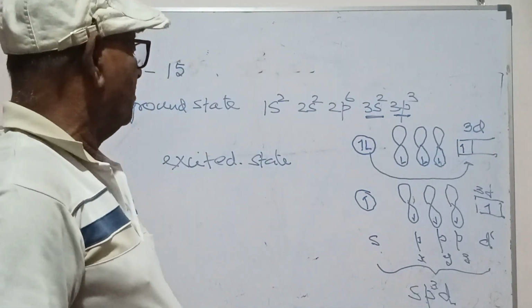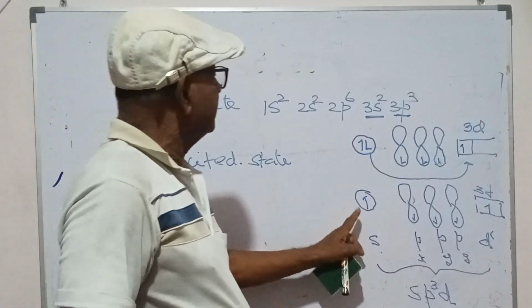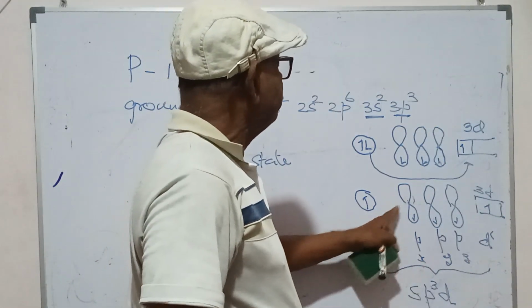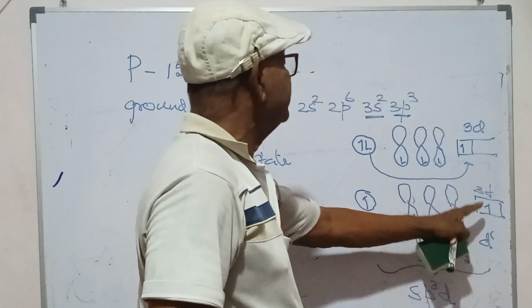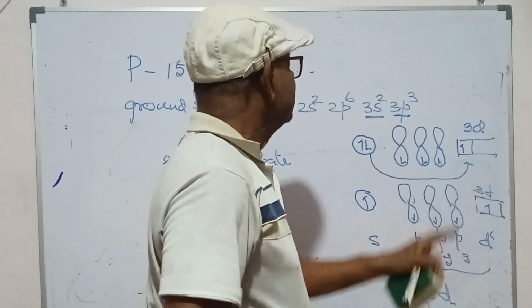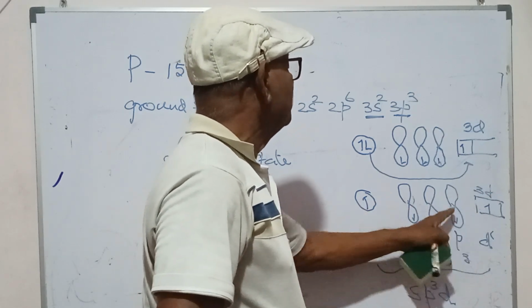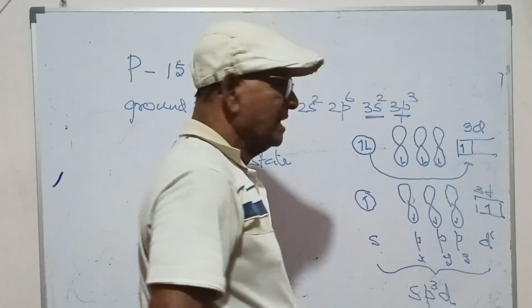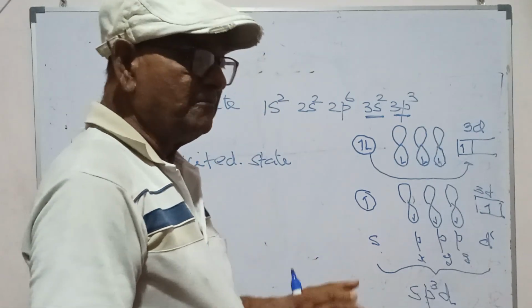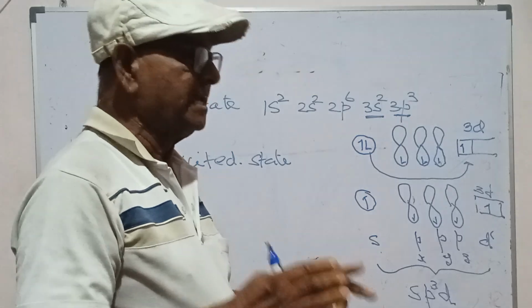How many orbitals are formed? S orbital, 3p orbitals and 1d orbital. All together 1, 2, 3, 4, 5. There are 5 orbitals with the same shape and same energy.